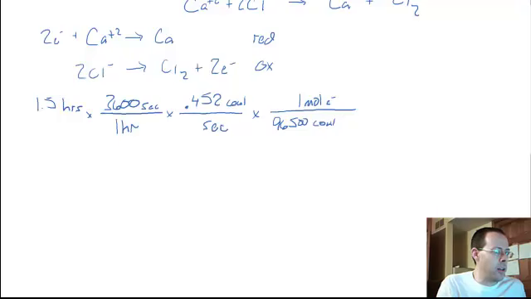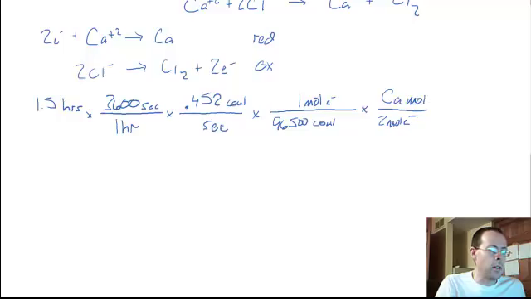And now we are talking about our redox reaction, because we're going to do calcium first. So there are 2 moles of electrons. Notice here, 2 moles of electrons for every mole of calcium.